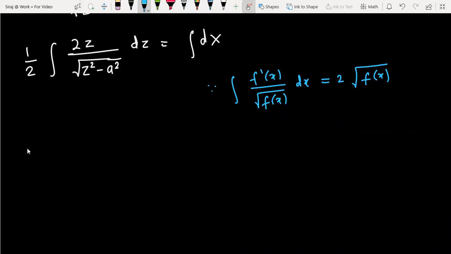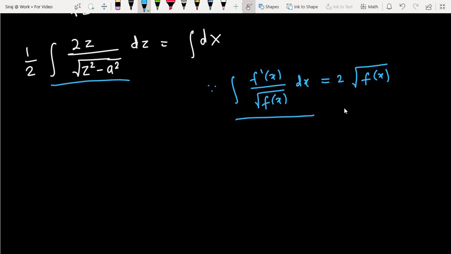So we can see that we are having here integration of twice z upon square root of z square minus a square. स्क्वायर रूट के अंदर का जो फंक्शन रहेगा वी आर कंसिडरिंग इट एज f of x. तो स्क्वायर रूट के अंदर यहाँ पे प्रेजेंट है z स्क्वायर माइनस a स्क्वायर, एंड डेरिवेटिव ऑफ z स्क्वायर माइनस a स्क्वायर इट इज ट्वाइस z, जो कि ऑलरेडी न्यूमरेटर में प्रेजेंट है. मींस दिस इंटीग्रेशन इट इज कंप्लीटली इन दिस फॉर्मेट, f dash of x upon square root of f of x.